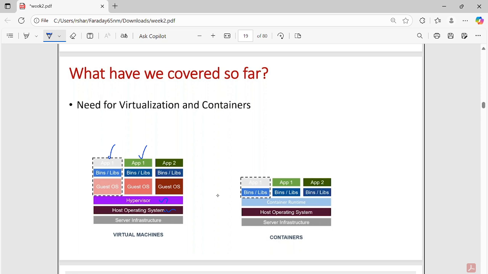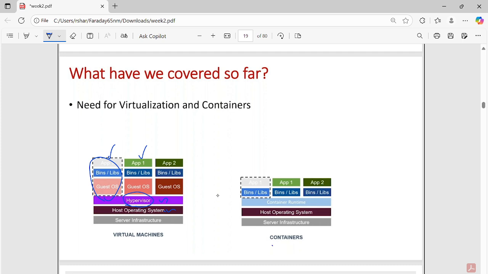So it feels like it is utilizing the whole server, and this is done using the hypervisor. And we have seen different types of hypervisors and different types of virtual machines.